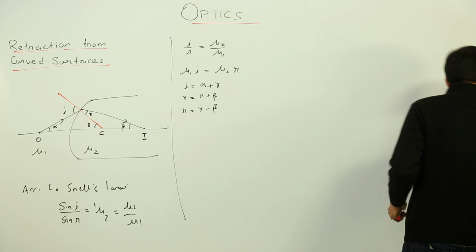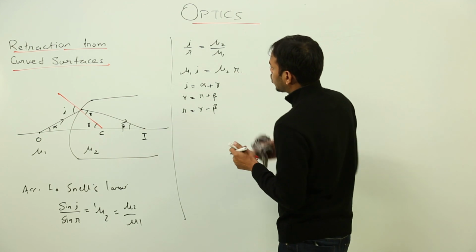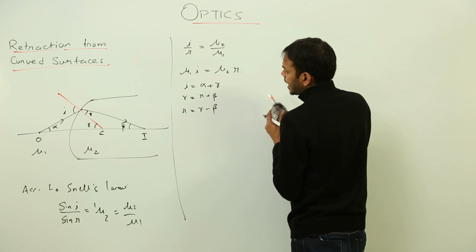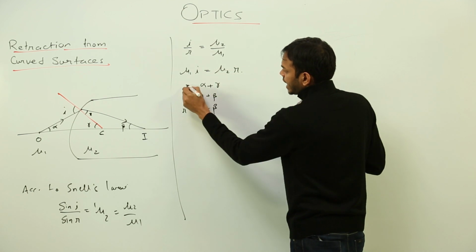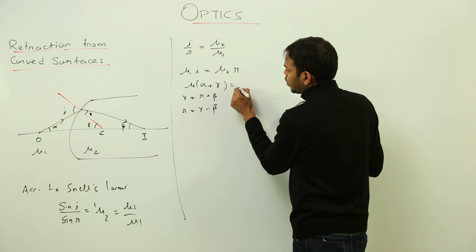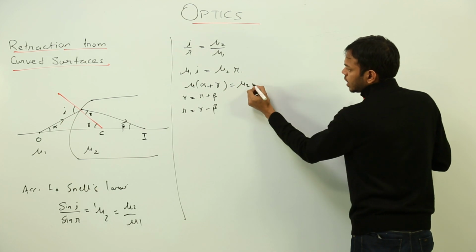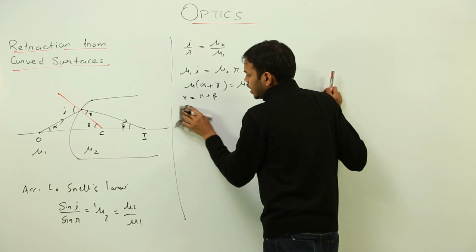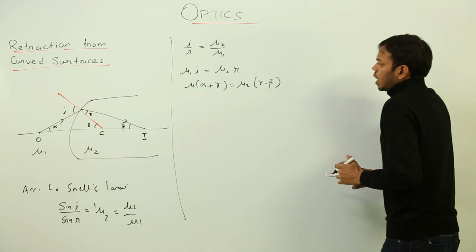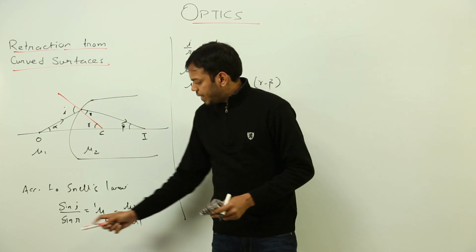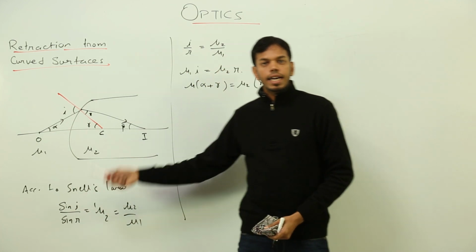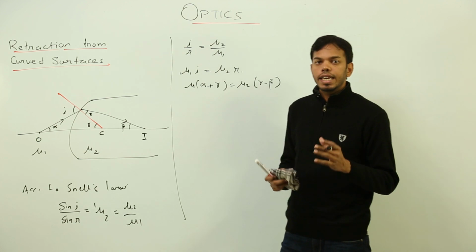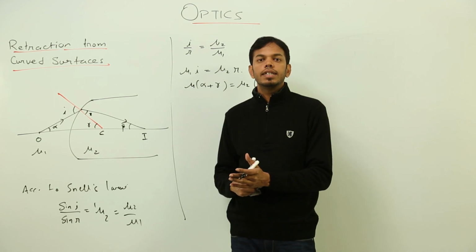Putting these two values in the top equation, I'll get mu 1 times I, that is mu 1 times (alpha plus gamma), equal to mu 2 times R, that is (gamma minus beta). Moving on, the same property by which we converted sin I to I, that is, when theta is small, sin theta can be written as theta, in the same way tan theta is also written as theta when theta is small.